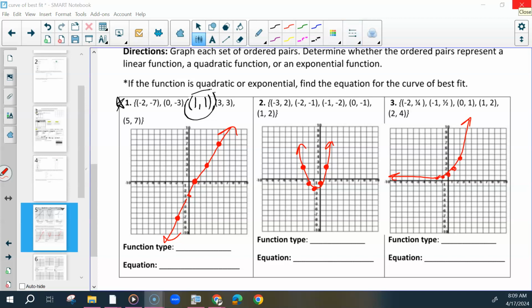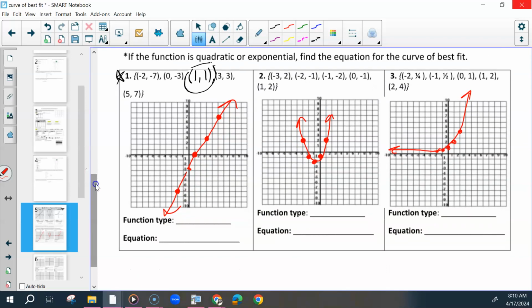We should be able to see which type each graph makes, linear, quadratic, or exponential. What would number 1 be? Linear. It's a line. We're not going to make the equation of a linear because we did line of best fit already. We just need to know that this would be linear. For number 2, quadratic. We are going to find that equation, but in a moment. And then number 3. Excellent.